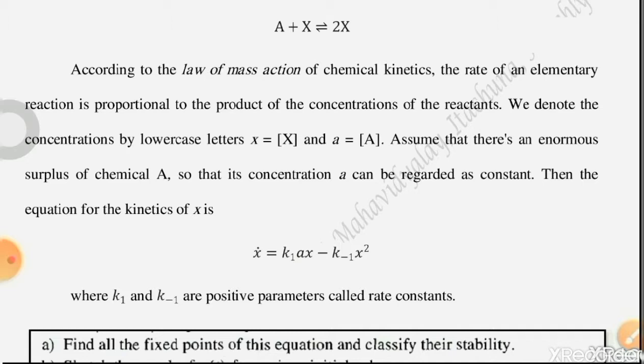Now according to the law of mass action of chemical kinetics, the rate of an elementary reaction is proportional to the product of the concentrations of the reactants.